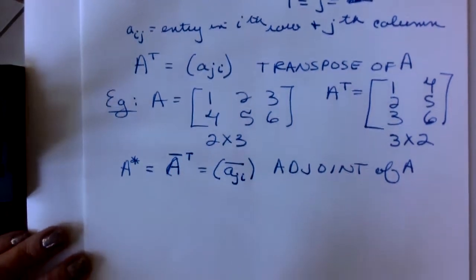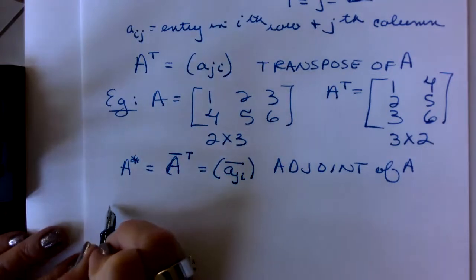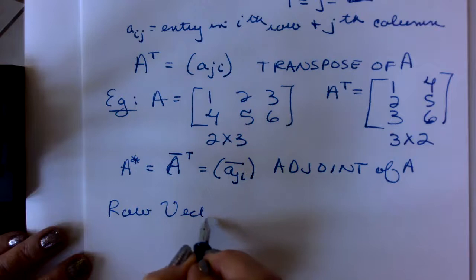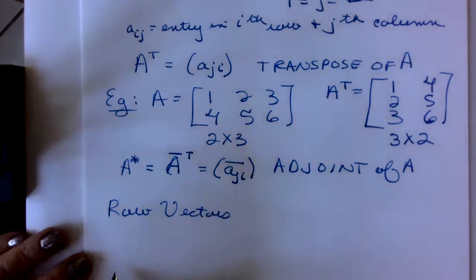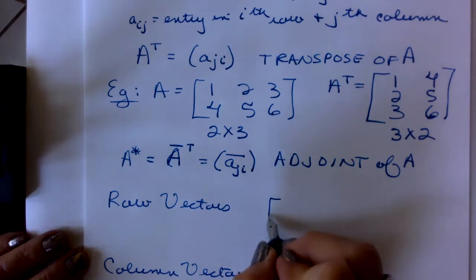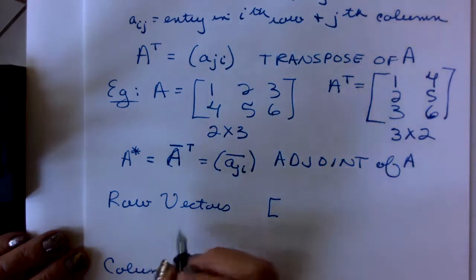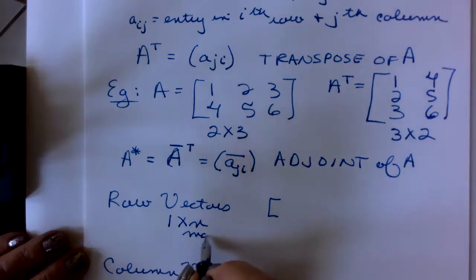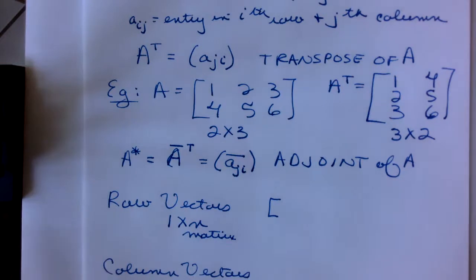Another special kind of matrix we will use a lot are two special kinds, really, what are known as row vectors and column vectors. A row vector is a 1 by n matrix. It has 1 row and as many columns as you want.